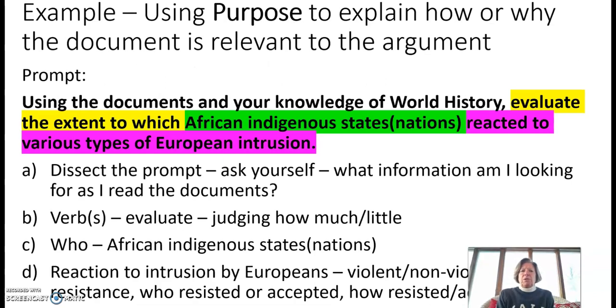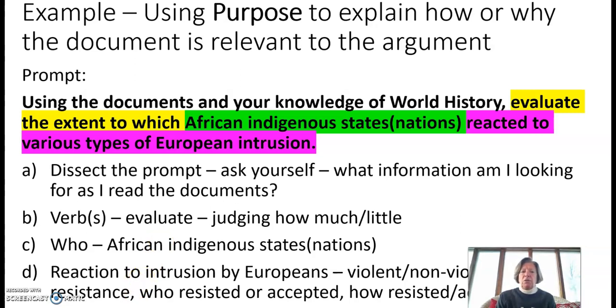So our example is going to be using purpose to explain how or why the document is relevant to the argument. And the first thing that we'll need to do is read our prompt and dissect our prompt. So using the documents and your knowledge of world history, evaluate the extent to which African indigenous states, nations, reacted to various types of European intrusion.